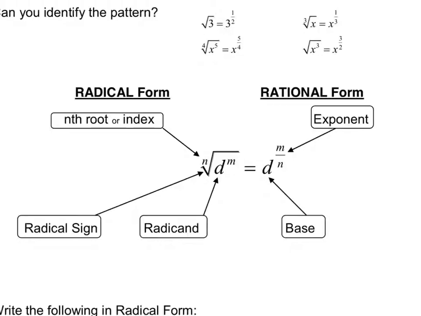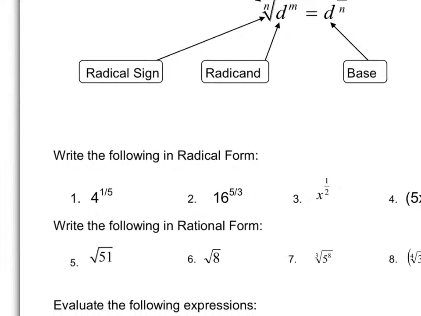So I'm going to scroll down so we can practice. Our coefficient goes inside the radical. So this is your coefficient. Here's the radical. Your coefficient goes inside. Your power is always inside with your coefficient, shown right here.